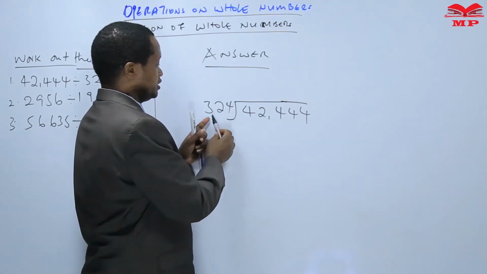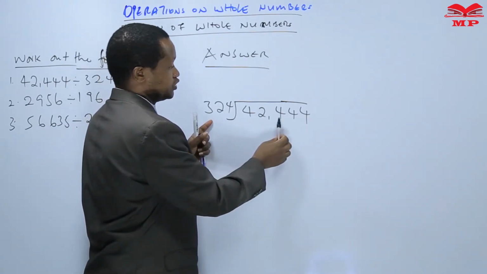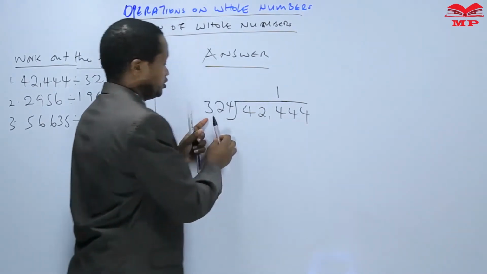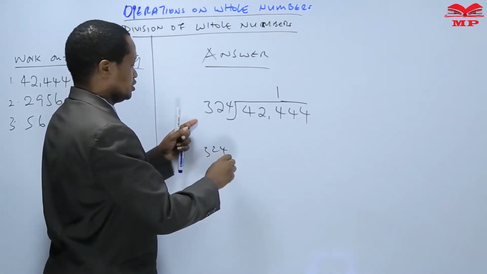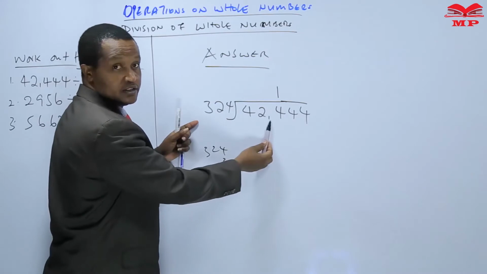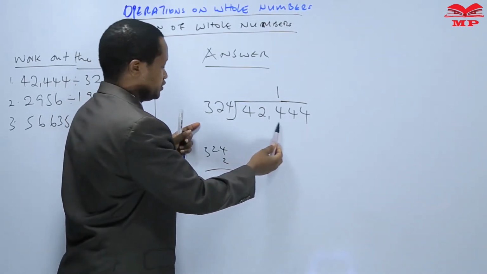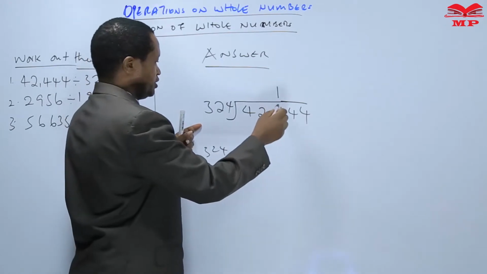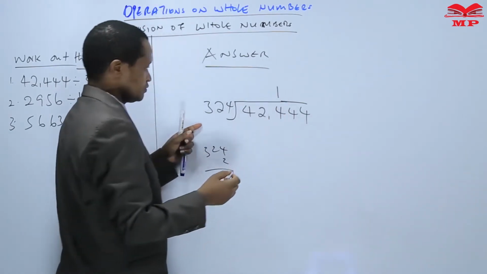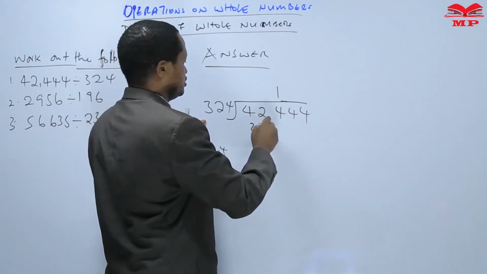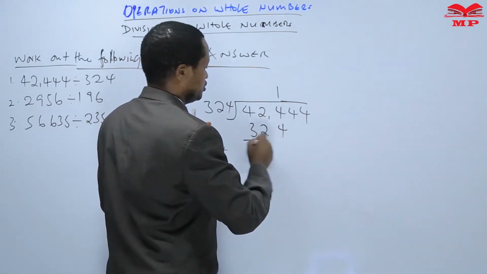We can see 324 goes into 424 once, because if you multiply by 2, it will be more than 424. So we try 1. 1 times 324 is equal to 324.